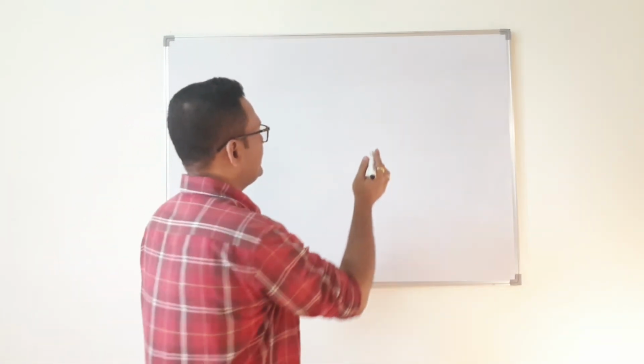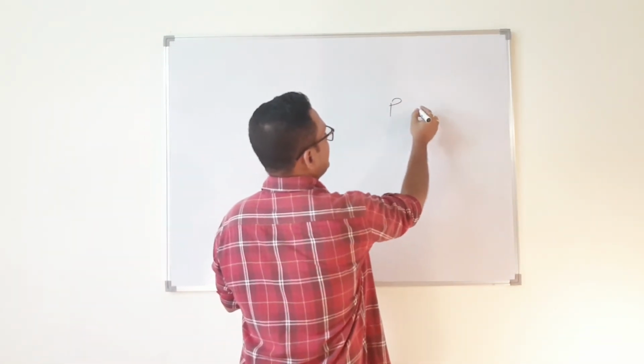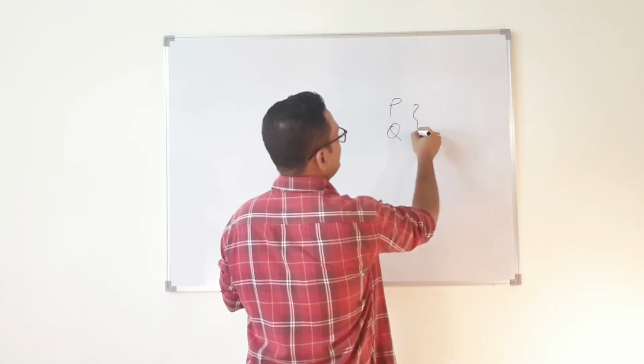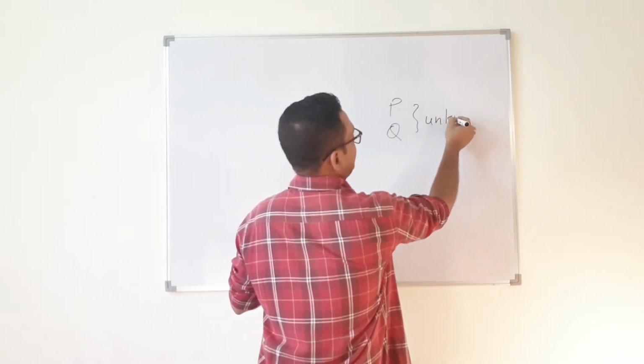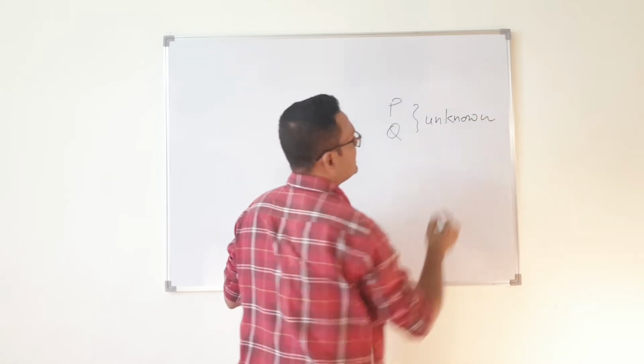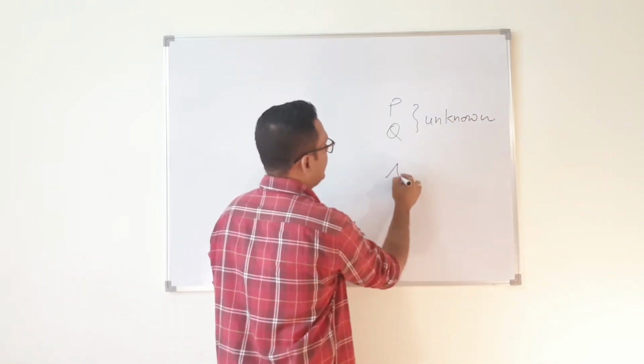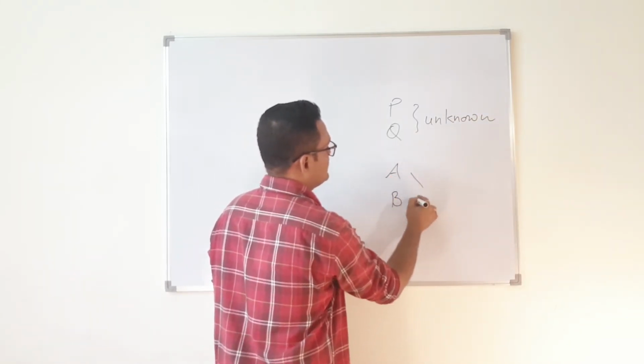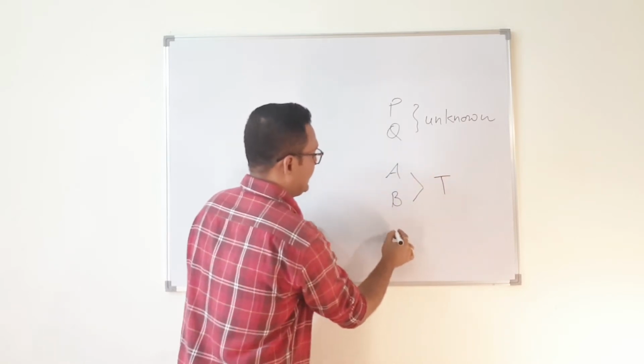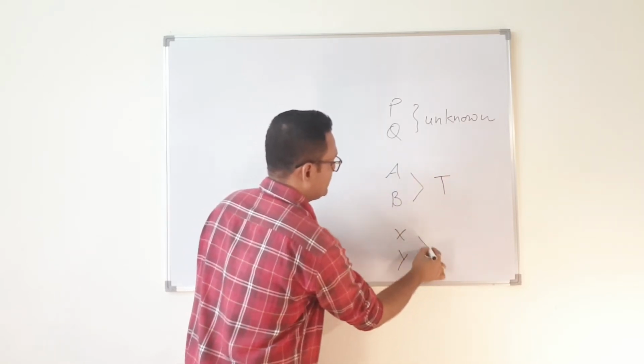They can say that the value of p and q is unknown, a and b's value is true, and x and y value is false.